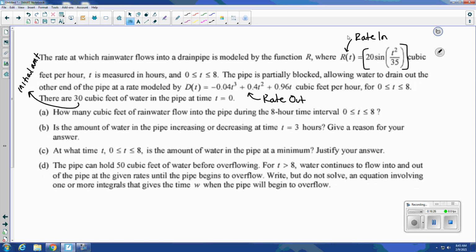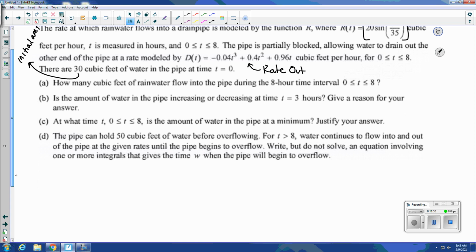At what time t is the amount of water in the pipe at a minimum? Justify your answer. Okay, so to get the minimum, we need to be able to express the amount of water at any time. And then we're going to minimize the function that represents the total amount.